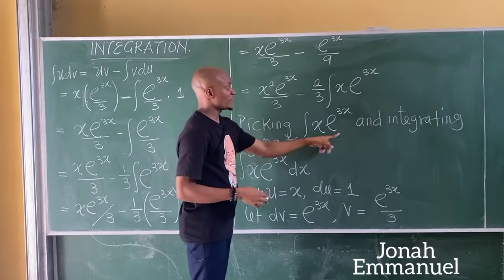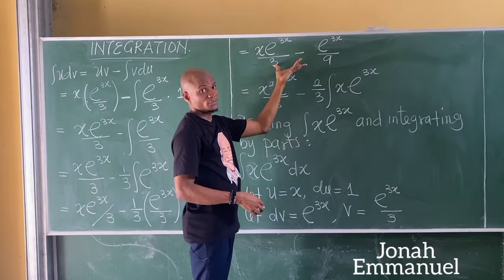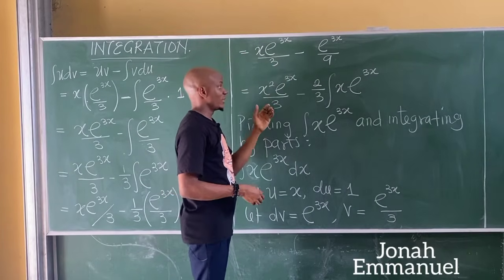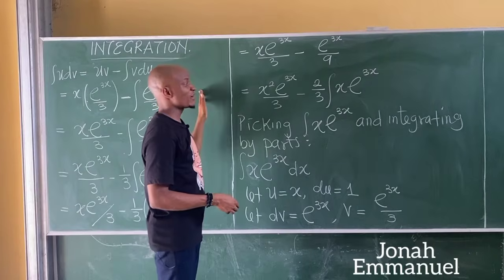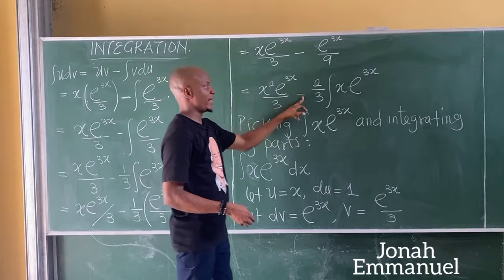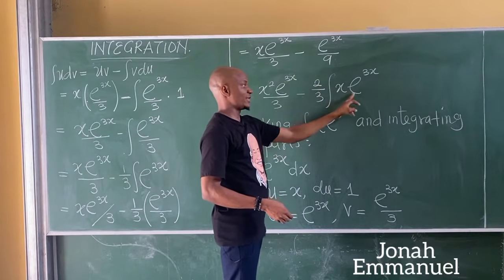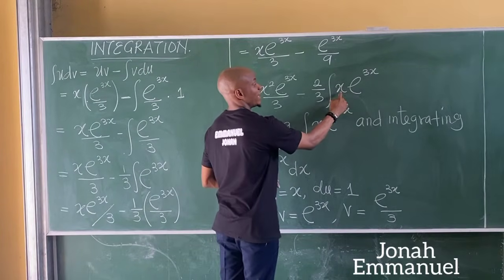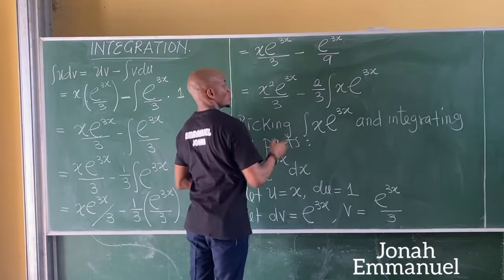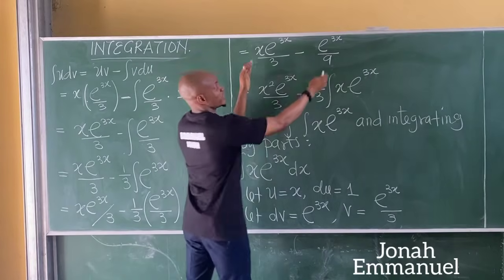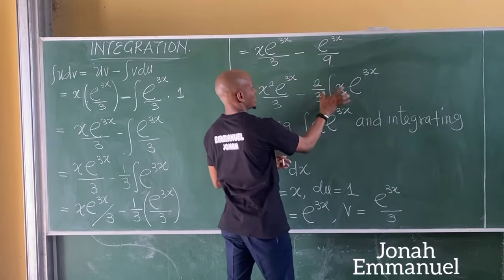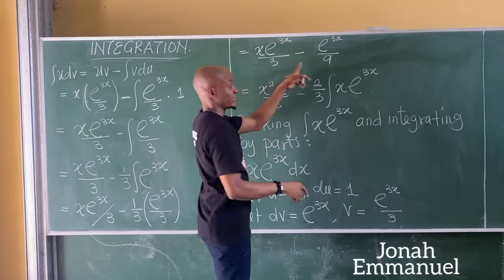Hence, from my previous example, the integral of my question was equal to x squared exponential 3x all over 3 minus 2 over 3 integral of x exponential 3x. Now, the value for the integral of x exponential 3x is now equal to this. So I will have to substitute this value back into this equation. Take this off and replace it by this value.